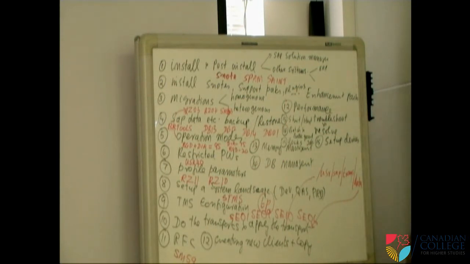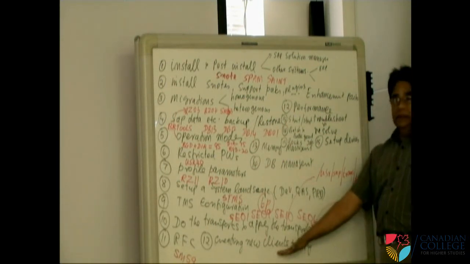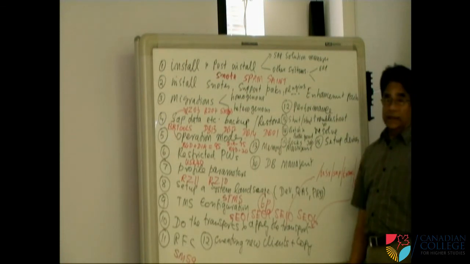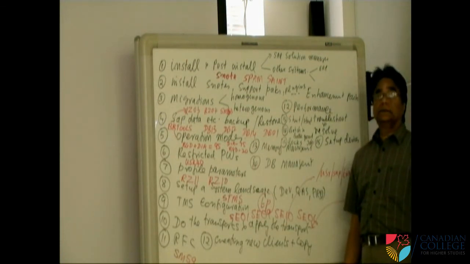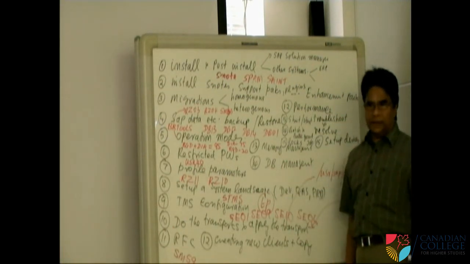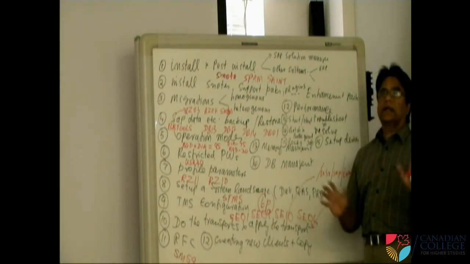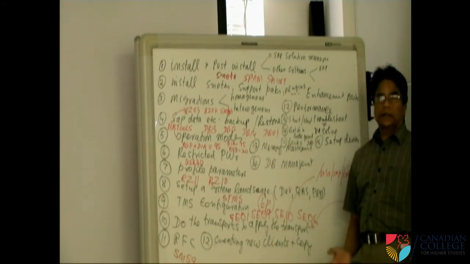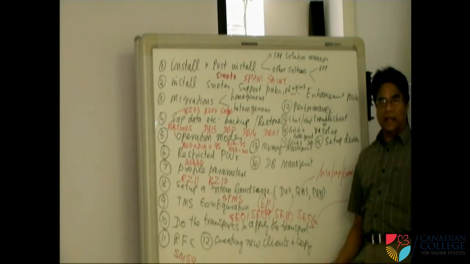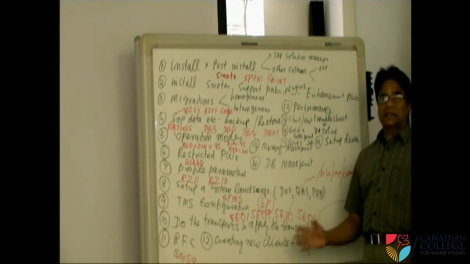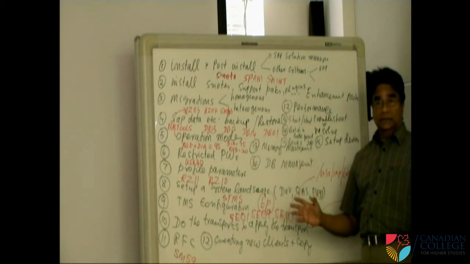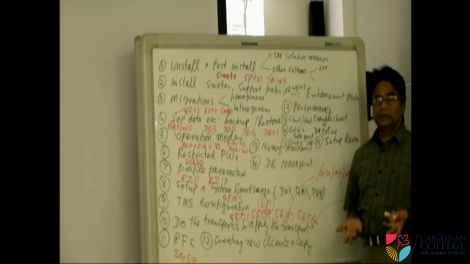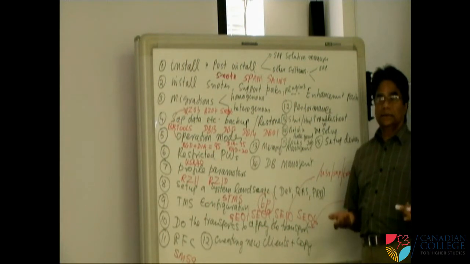Then creating new clients. I have created some clients, but those clients may not be necessary. Or maybe the system will create some clients. System creates some clients. 000 is there, 001 is there, right? 066 is there. Maybe 800 is there. Now you wanted to create something new, 900, 600 like that.